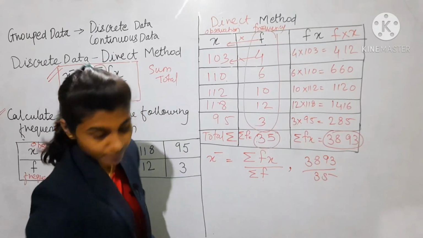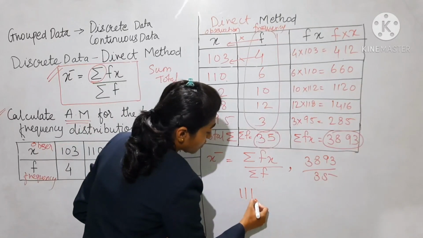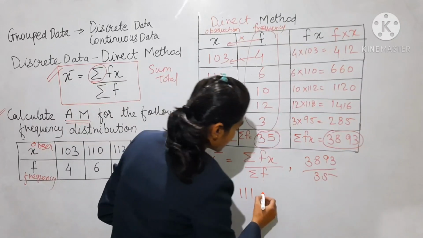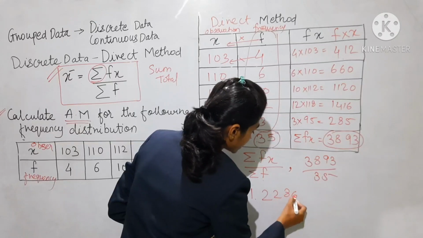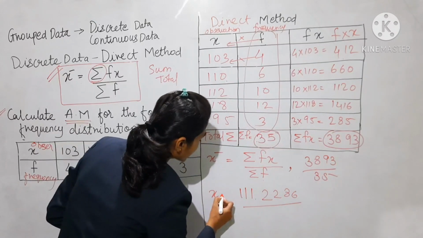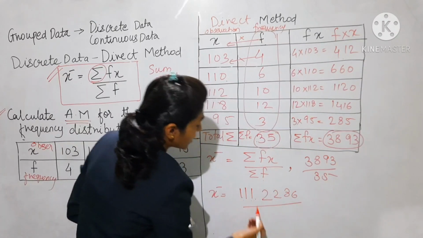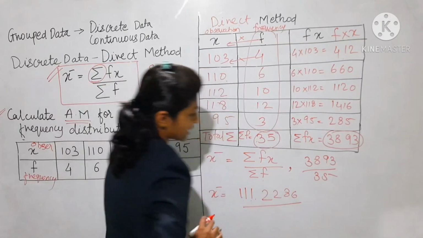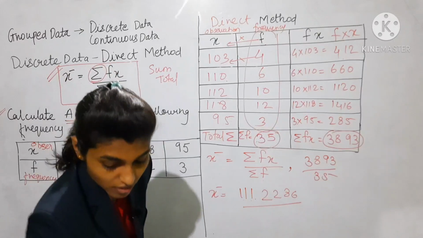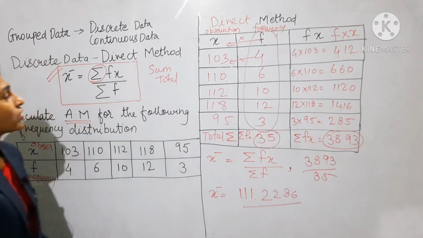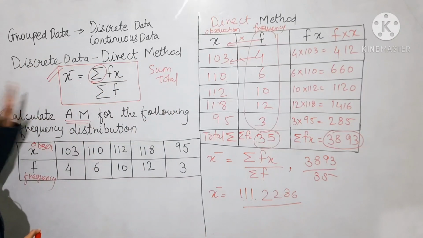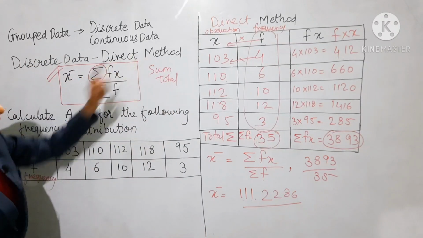The answer you get is 111.2286. So x bar is equal to 111.2286. This way you can find the arithmetic mean of discrete data by the direct method.